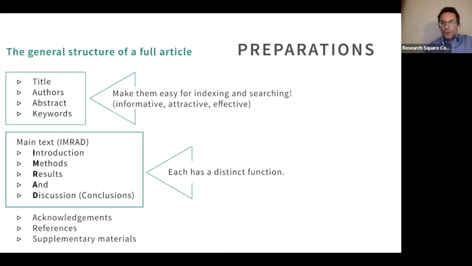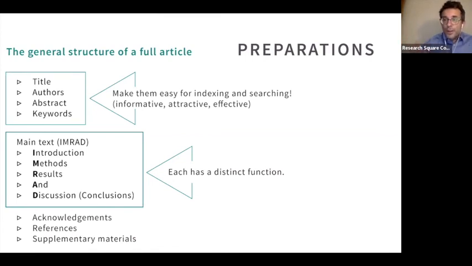So here's your general structure of an academic article. Don't forget about the title, the authors, the abstract and keywords performing a specific function in academic writing. The rest of the paper, that's the information. Your IMRAD structure, I've given you a quick template for writing your introduction. 3 sections, not more than about 1,500 words. In the method section, a sequence of events, a timeline of what you did, data collection and data analysis.